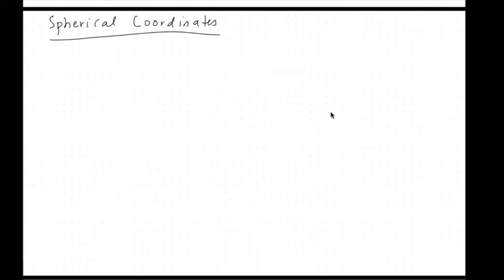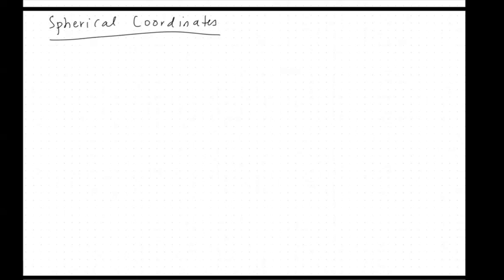Okay, so now we have spherical coordinates. Then you go back to the first section of the module. There's a conversion of spherical coordinates and some things. So let me quickly review them.